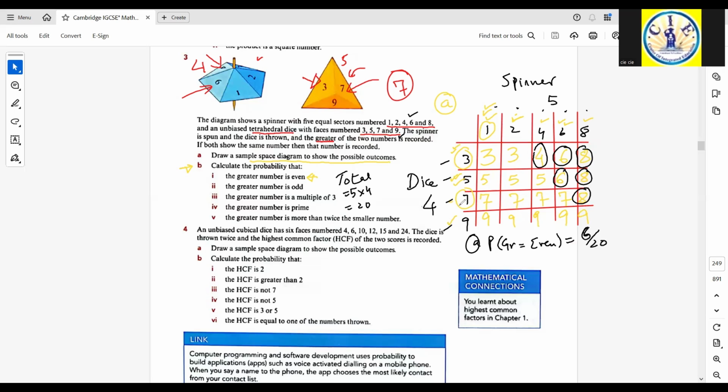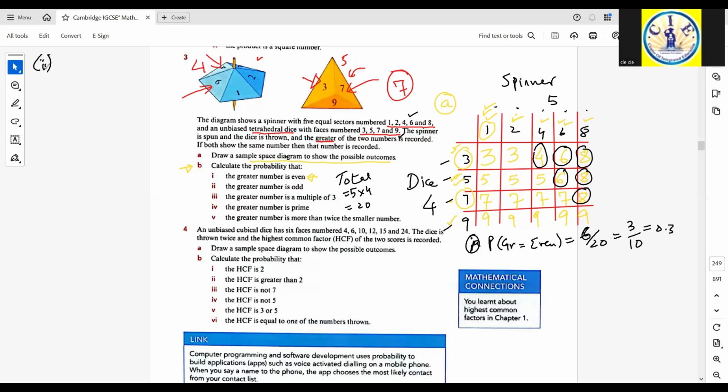That is 20. So that's why I divided it by 20. So simplifying it, 2 3s are 6 and 2 10s are 20. 3 by 10. It can also be written as 0.3. Okay, that's the answer to part 1 of part B. Now it is second part.